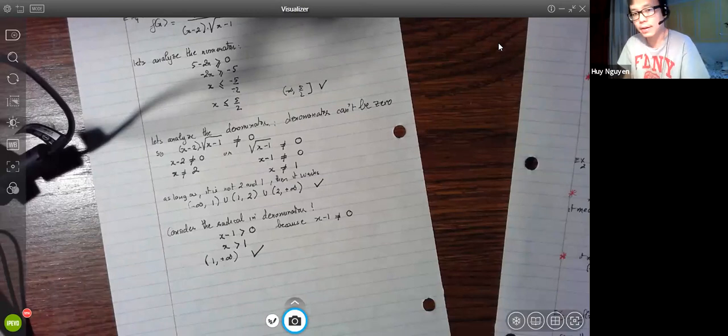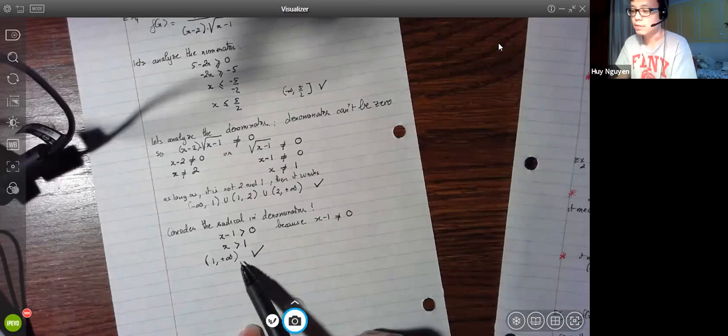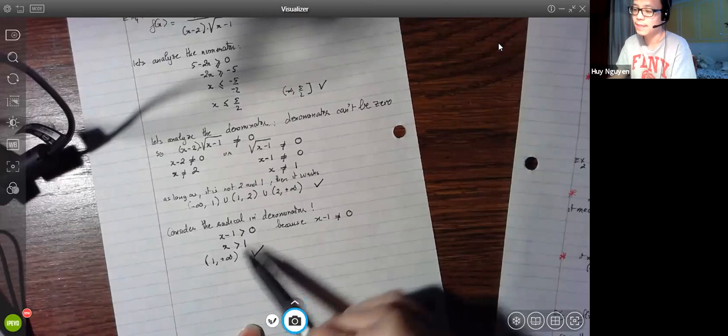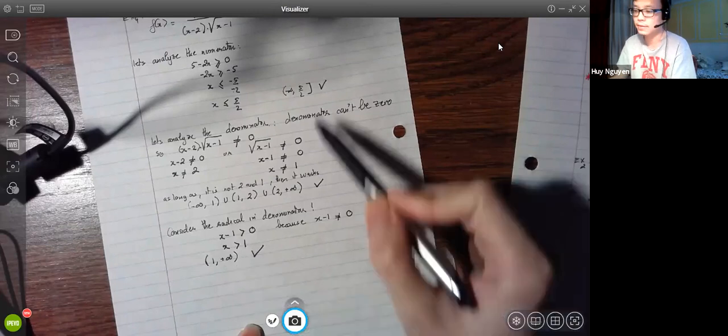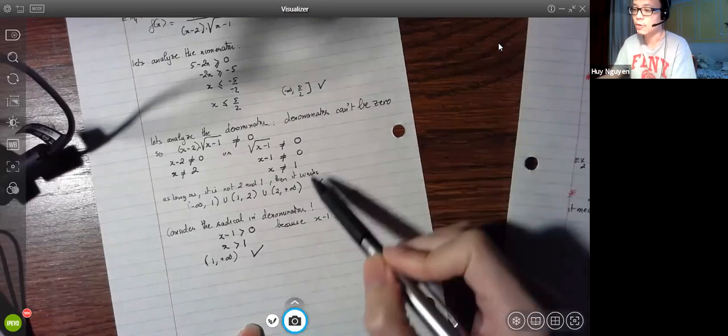This combining part will give you a hard time, but on the test or assignment, try to get the final answer. If you can show me this and this, I'll give you some credit already. Try to show me all 3 of these.